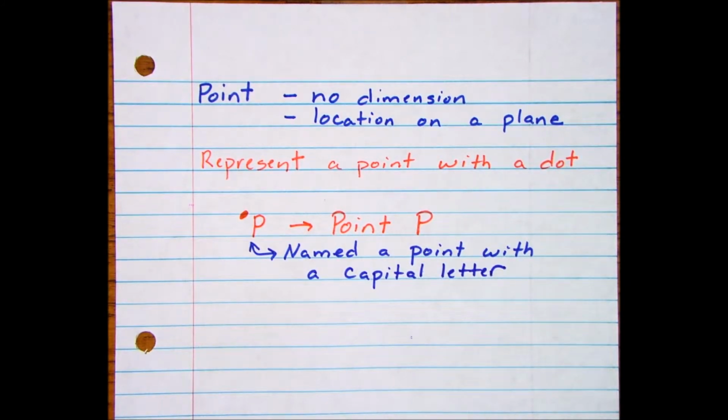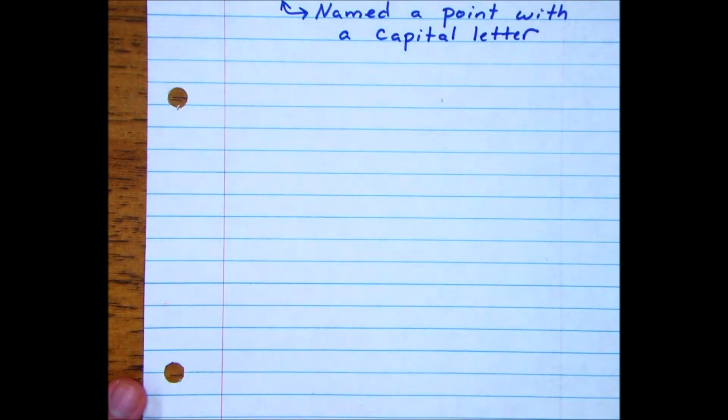Now, life would be good if this was it. But as I've already mentioned, we don't just have one point. We have many, many points that we can use to start forming ideas and concepts. Which brings us to our next vocab word, which is a line.